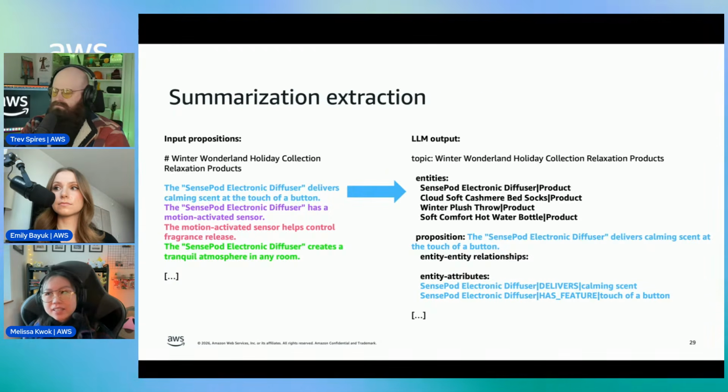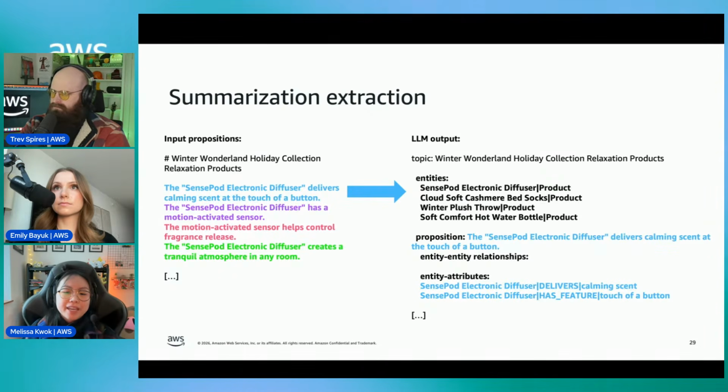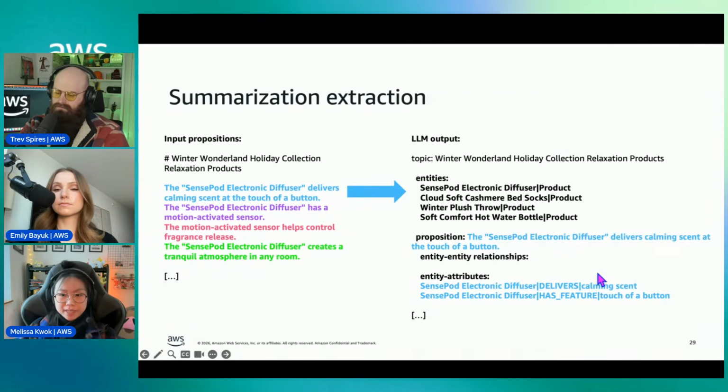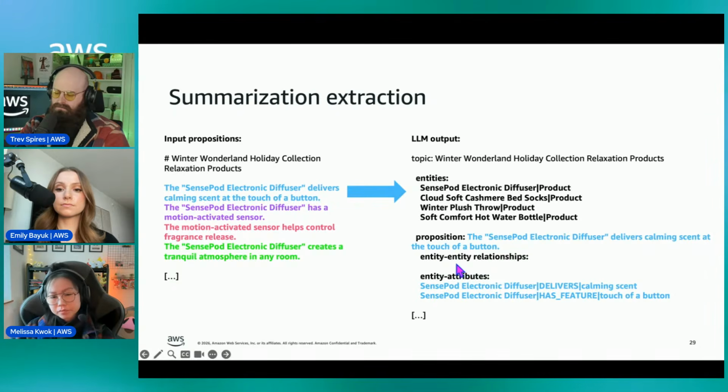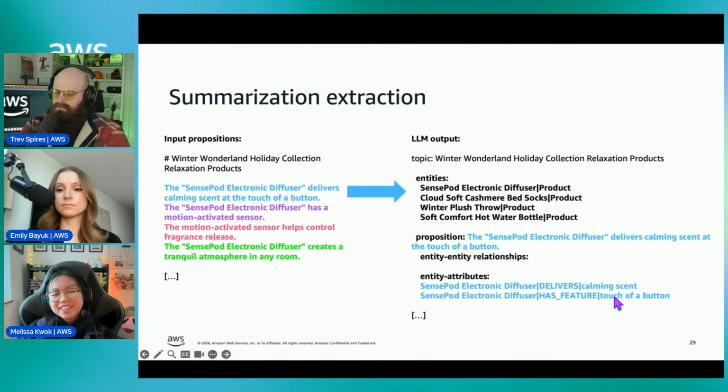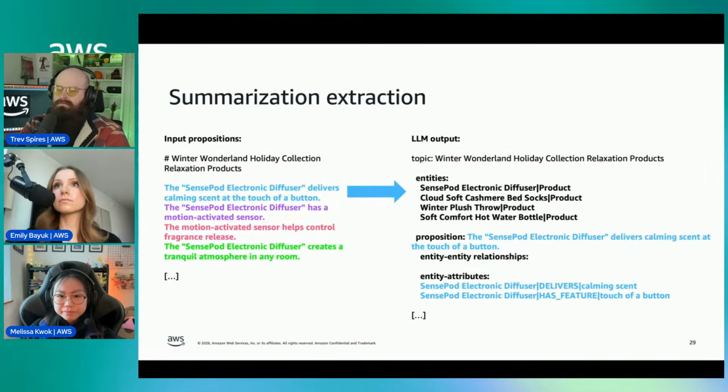Does that entity relate to any other entities? Or does that entity have any attributes? So for example, if we just look at the blue one, the diffuser, it's not talking about any other entities in that sentence, which is why there are no entity to entity relationships extracted, but it has attributes. It delivers a calming scent, and it has this nice feature of a button.